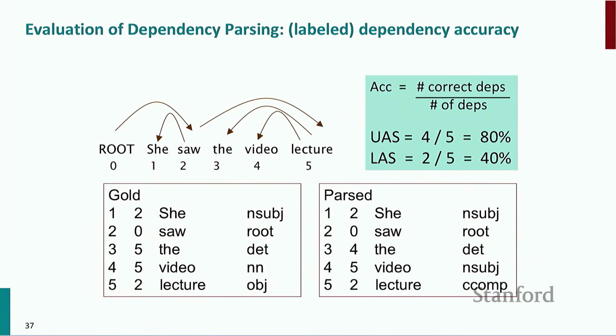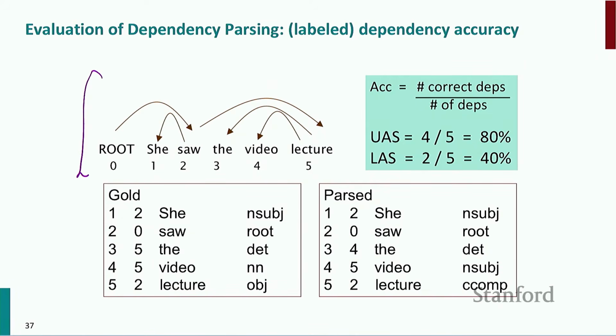So before going on further, I should just explain how we evaluate dependency parsers. To evaluate dependency parsers, we're basically assessing, are you getting the dependency arcs, the arrows you're proposing, right? So here is someone's dependency parse. She saw the video lecture.